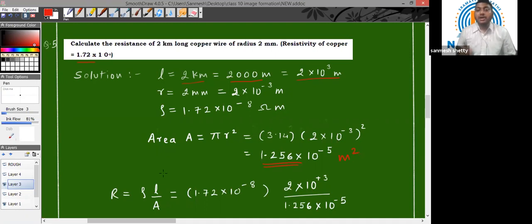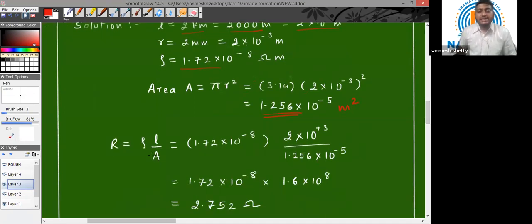So this is the cross sectional area of the wire, and the resistivity given is 1.72 into 10 raised to minus 8 ohm meter. Now the relation between resistance and resistivity is, children, R is equal to rho times length by area. Rho is 1.72 into 10 raised to minus 8. Length is 2 into 10 raised to plus 3 divided by 1.256 into 10 raised to minus 5 meter square, which is my area.